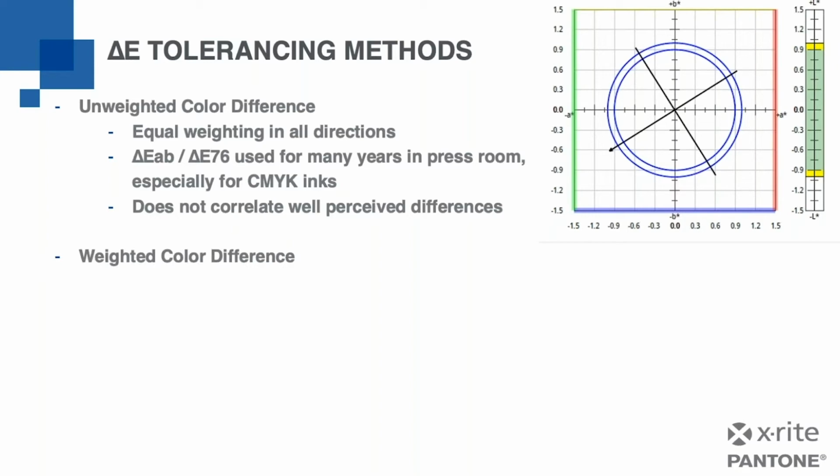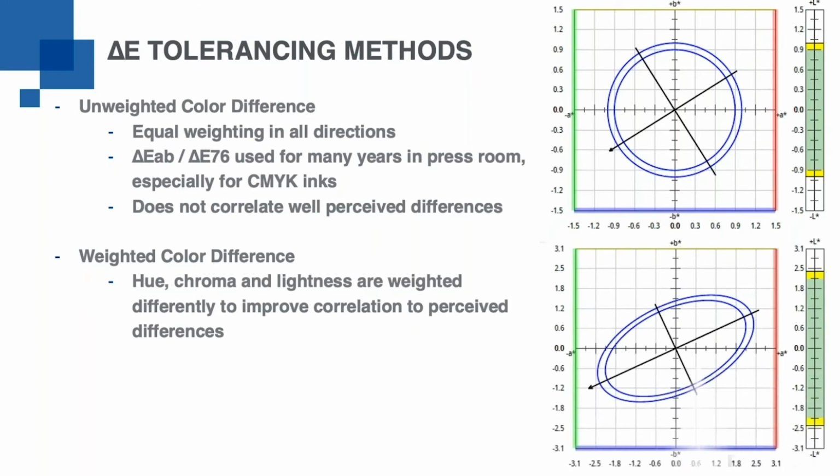That doesn't work out very well for tolerancing for color quality. To compensate for that, there are weighted color difference methods. In these, the hue, the chroma, and the lightness are weighted differently to improve the correlation to the way we see color difference. So when it says there's a big difference in color, we see it as a big difference in color. The first one that was used widely was called delta E CMC. It's still used somewhat, but it was used for years for the spot colors.